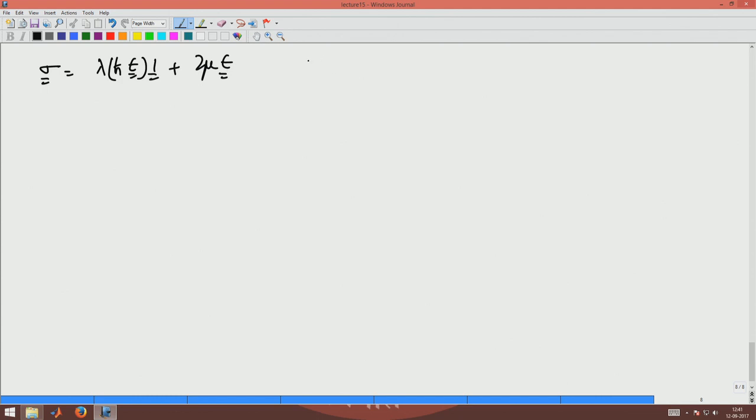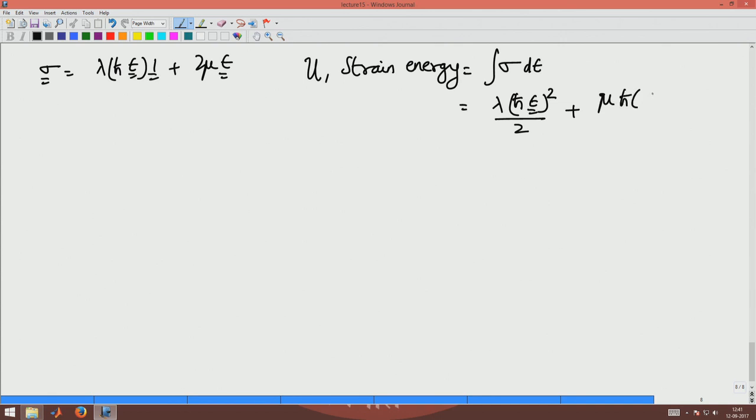So, when I want to find strain energy, I have to integrate sigma with respect to d epsilon, which means I have to find sigma as a function of epsilon, which in turn will boil down to lambda by 2 trace of epsilon squared plus mu trace of epsilon squared.